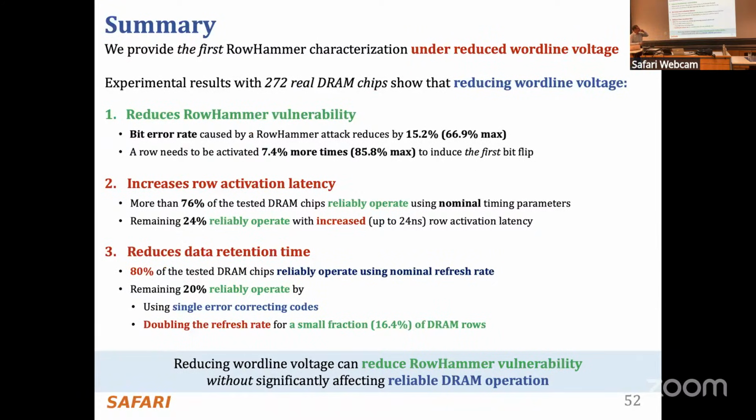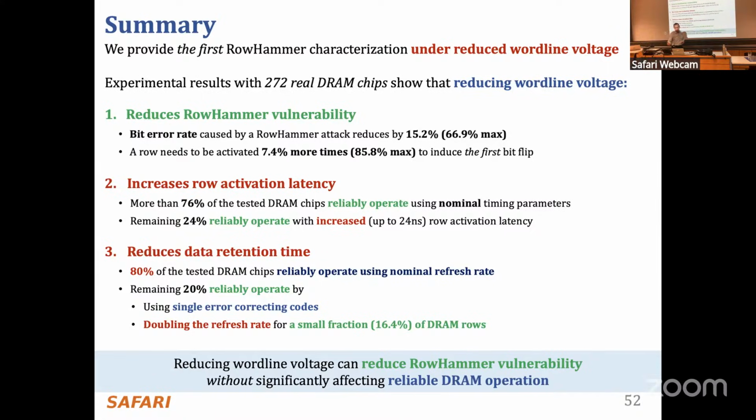Giray showed that if you actually reduce the word line voltage, you can reduce the RowHammer vulnerability, which is good. That is as expected. And the reduction is not huge. There's some maximum reduction, which is good, but on average, the reduction is not huge, meaning that this cannot be a solution to the problem by itself. And also it creates some other problems, which is reducing the voltage actually increases latency because you have less charge or less voltage to deal with.